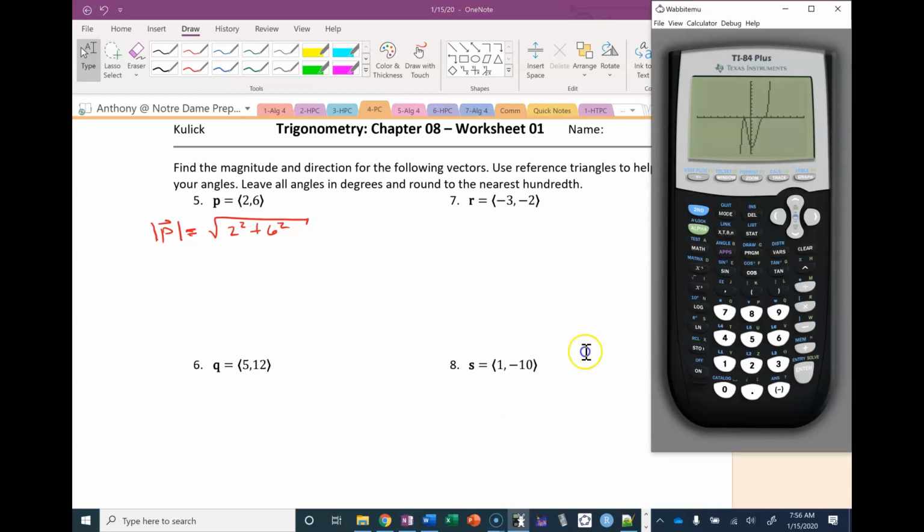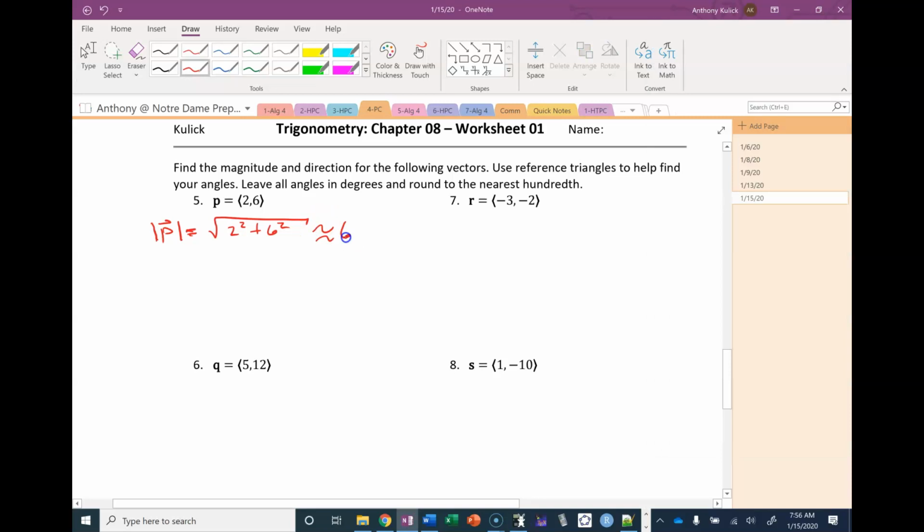I'm going to type this into my calculator to get the decimal, since it says round to the nearest hundredth. So I would say 6.32 is my magnitude.